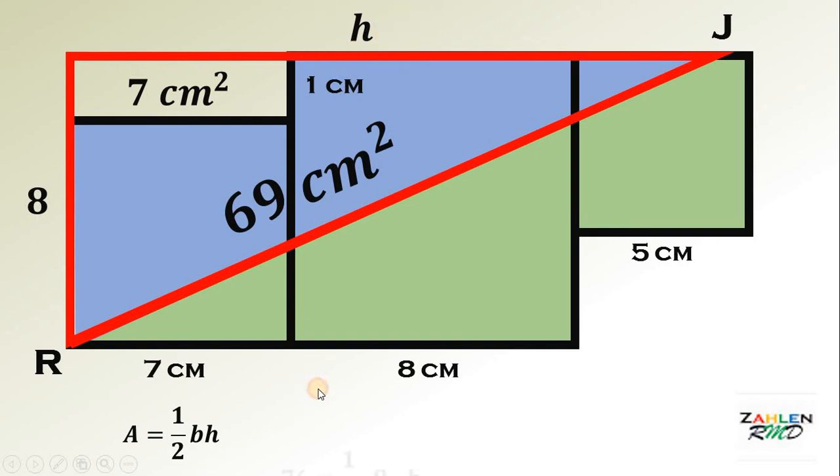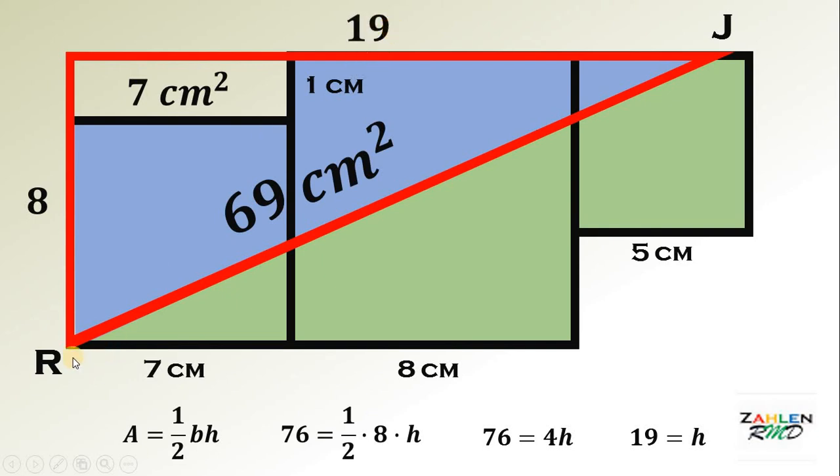Substitute all the given values and we have the area is simply 7 plus 69, or 76, equals 1/2 times the base, which is 8, times h, which is the height. Now simplify and we have 76 equals 4h. Now divide both sides by 4 and we get that h is equal to 19. Therefore, the length of this h is simply 19 centimeters.